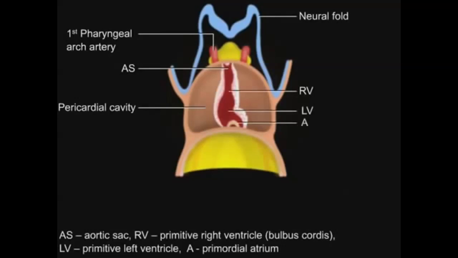In this stage we can divide this tube artificially into left ventricle and right ventricle, but they are part of the same tube, but the left ventricle is more posteriorly located and the right ventricle is more anteriorly located, and the outflow region of the primitive heart is the aortic sac.